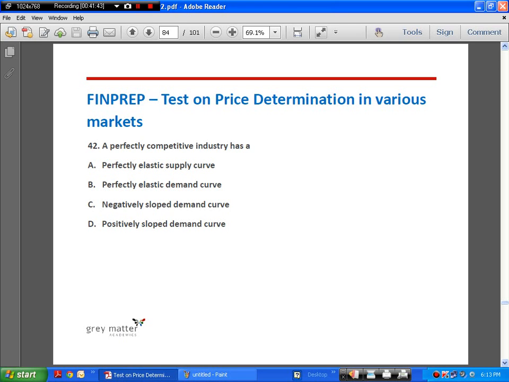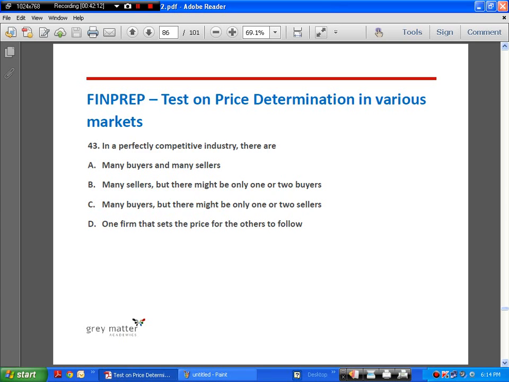Or in other words, for a particular price, the consumers can demand as much quantity of output as possible. So the right answer is option B. It's not option C, it is option B, perfectly elastic demand curve. It will be parallel to the x-axis.